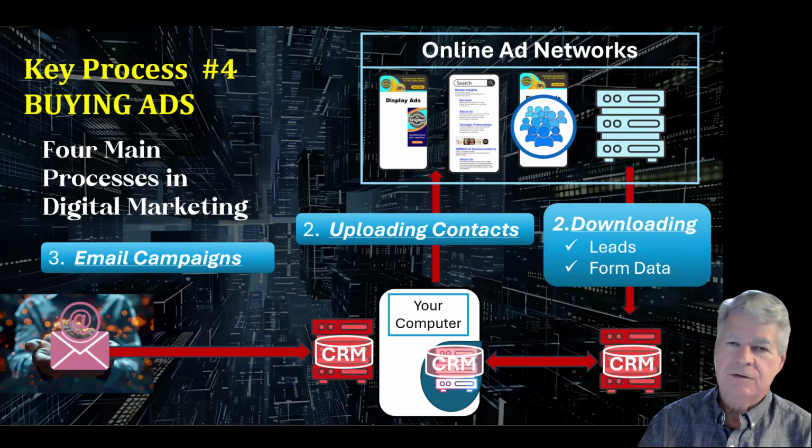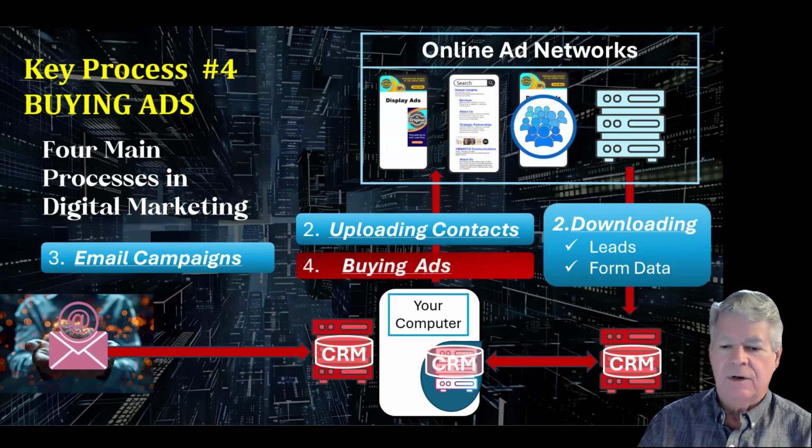Running email campaigns directly to contact your customers in your CRM. And buying ads on an ad platform, again, like Facebook, LinkedIn, or Google Ads. Combining these four digital marketing processes in a single campaign or a series of campaigns is what gives digital advertising its power to reach your target market and drive prospects and new customers to your business.